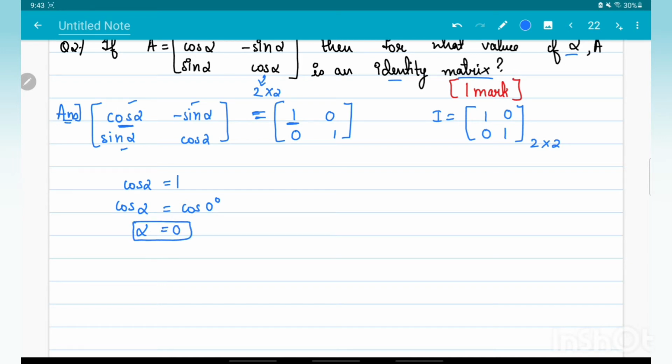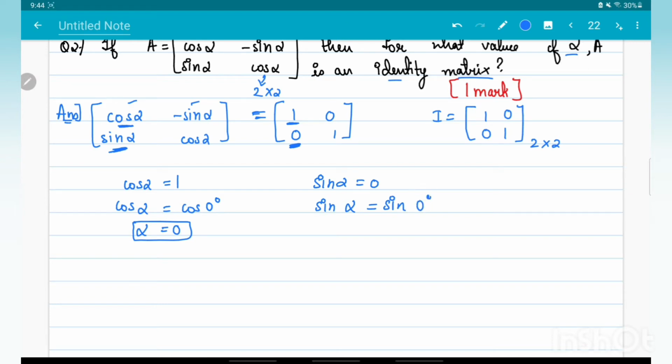Still, if you have any doubt, suppose you think you have got the wrong answer, which is not possible, you will get the same value of alpha, you won't get different values. Let me show you that even if you take sin alpha, you can take any element and equate it. Suppose I take this sin alpha and equate it to its corresponding element, which is this 0.